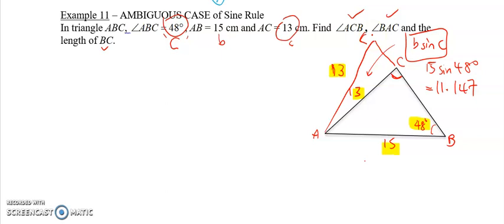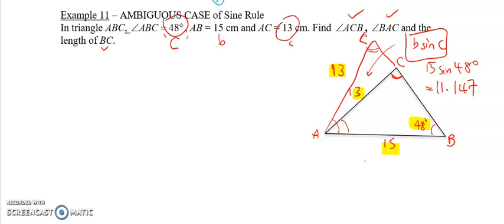And if we look at angle BAC, we also can have 2 values. And the length of BC definitely we can also have 2 values, based on what is given here.